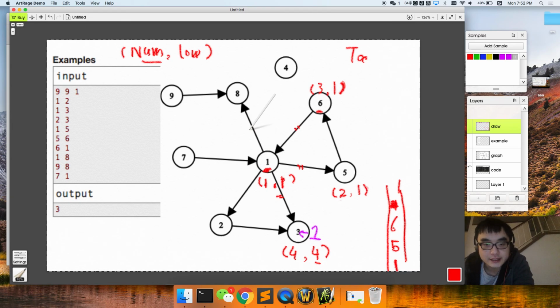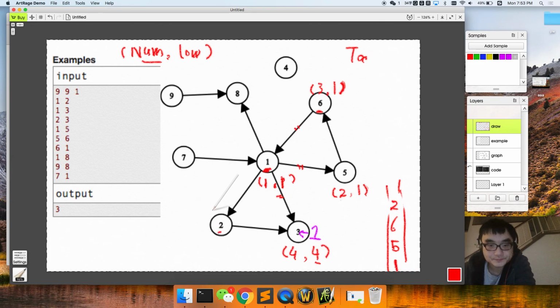And then we move on. The second last out degree of node 1 is here. So we push 2 into the stack, right? And we are here.